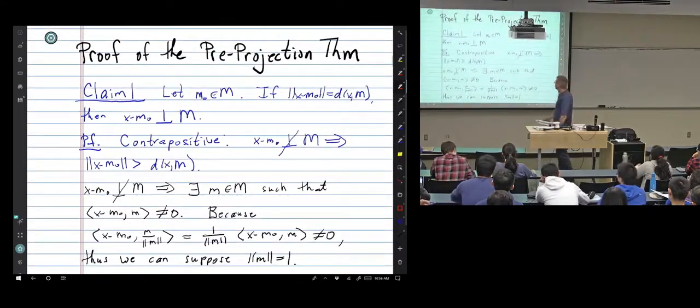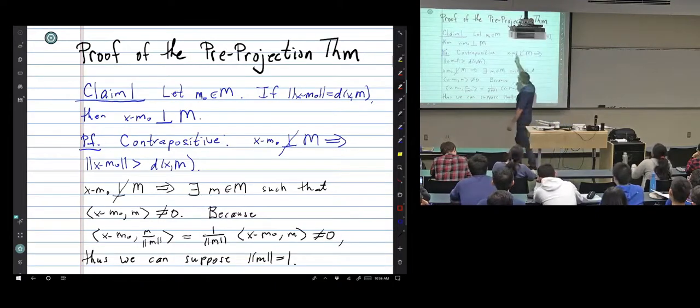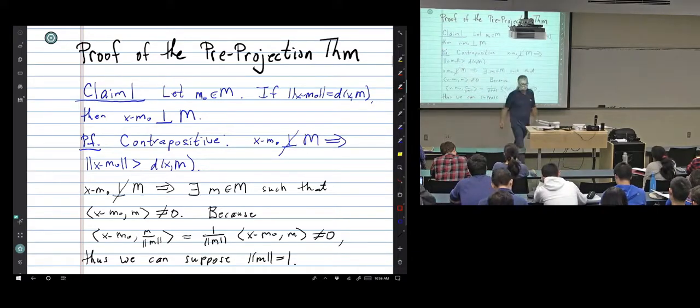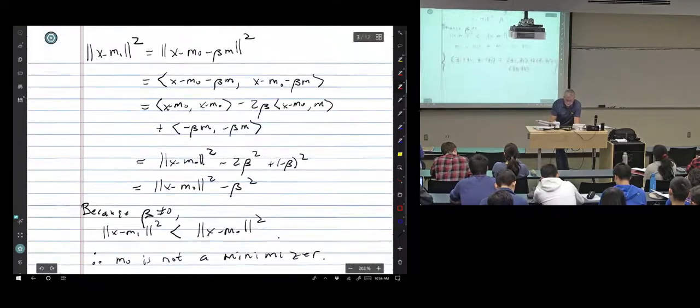Anyway, so this says if I'm not orthogonal, I can find another point that makes the distance smaller, so this is not the minimizer. Okay, so that's claim 1. Let's do claim 2.